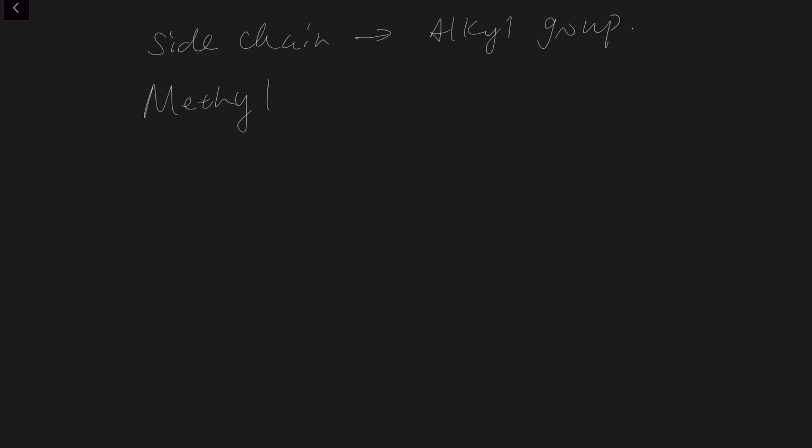So 1 carbon is methyl, 2 carbon ethyl, 3 carbon propyl, things like that. It's very rare for you to go for more than 3 carbons because you really need a very long carbon chain for a branch to have 4 or 5 carbons.